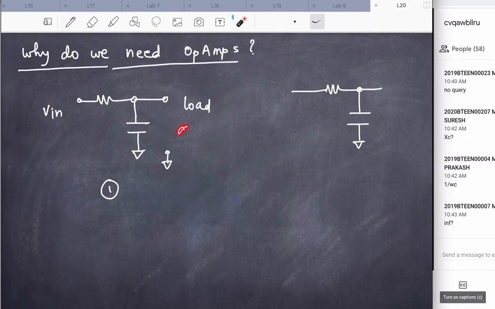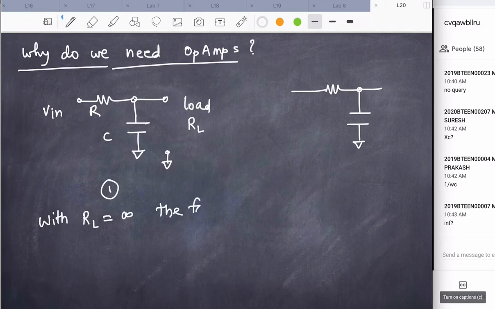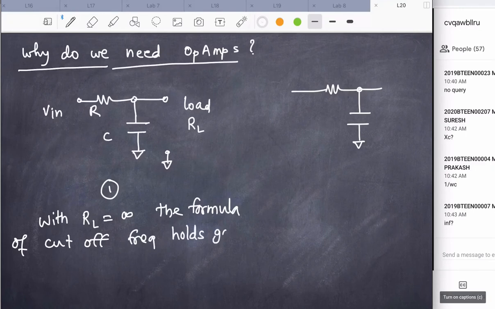Infinity. Yes, infinity. So, load resistance is infinity. So, with load resistance of infinity, I repeat, RL is not there, only C and R. With RL equal to infinity, the formula of cutoff frequency holds good, it means it is true.